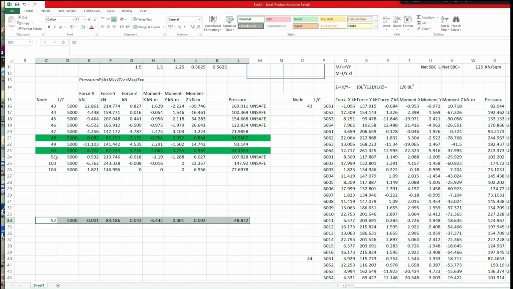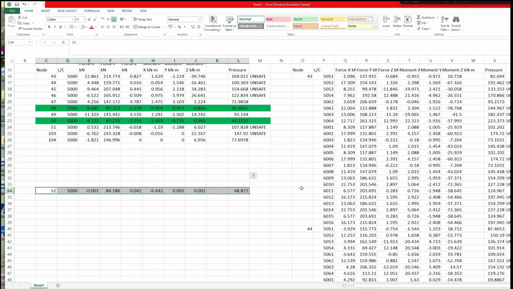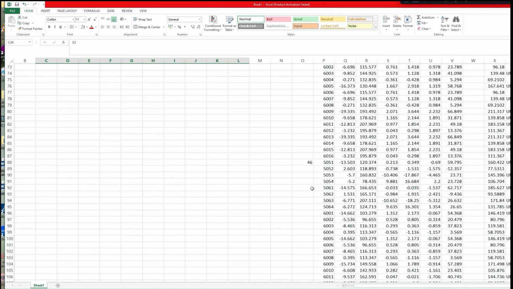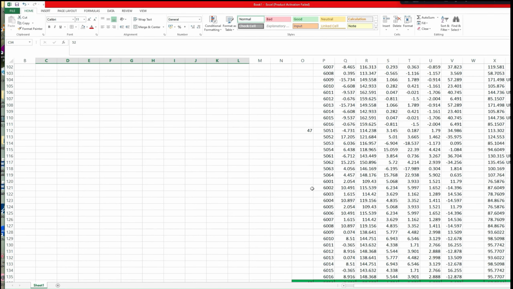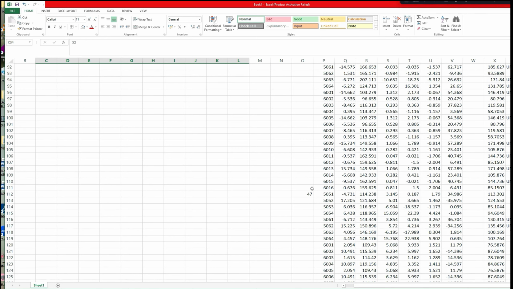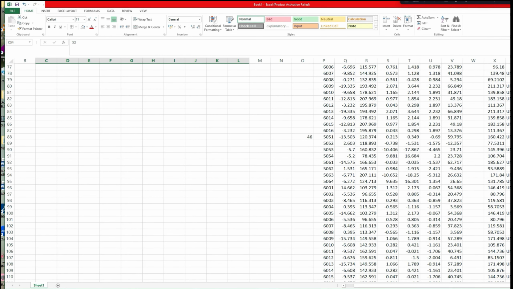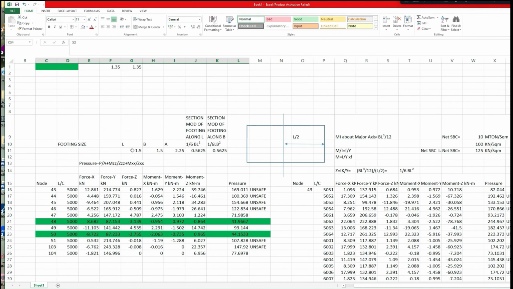47, 49, 104 and 52. Let us see 47. 47 is unsafe. So let us increase it a bit, 1.6 by 1.6.